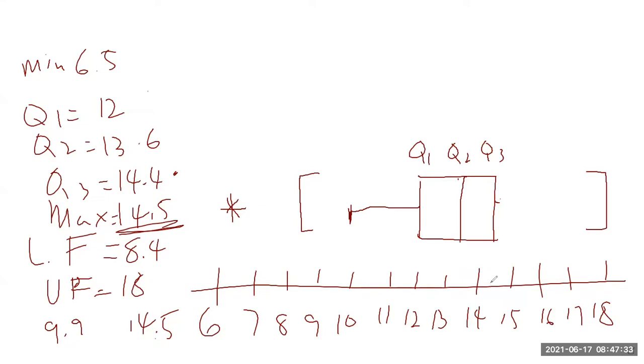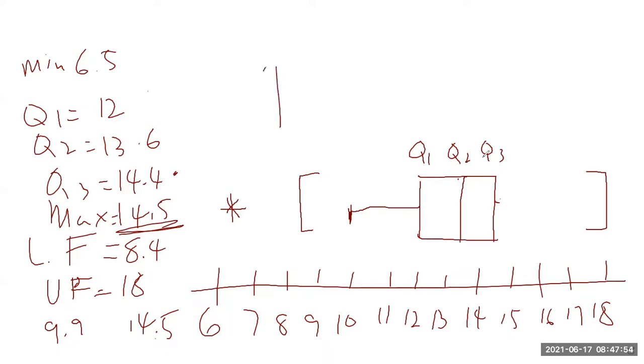This will be Q3. And then if it asks for the lower fence, upper fence, this is your lower fence, so just trace it down here. This is the upper fence, just trace it down. If it asks for the outlier, just trace it down. And the value corresponding to it is going to be your corresponding value for whatever was asked.